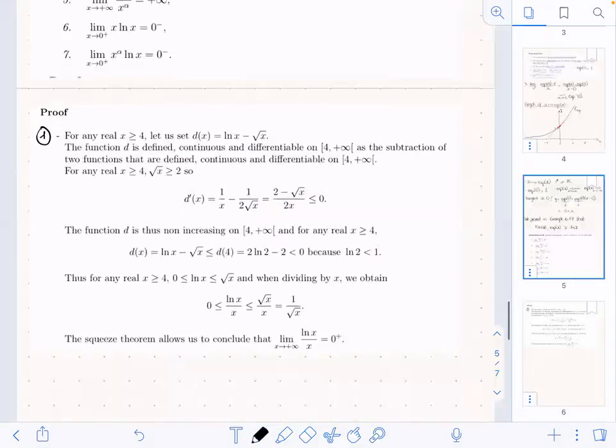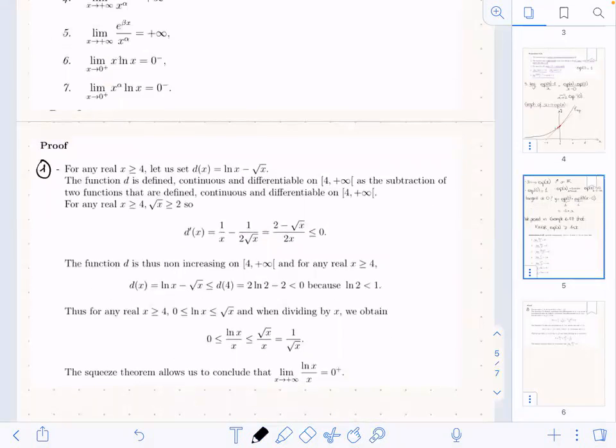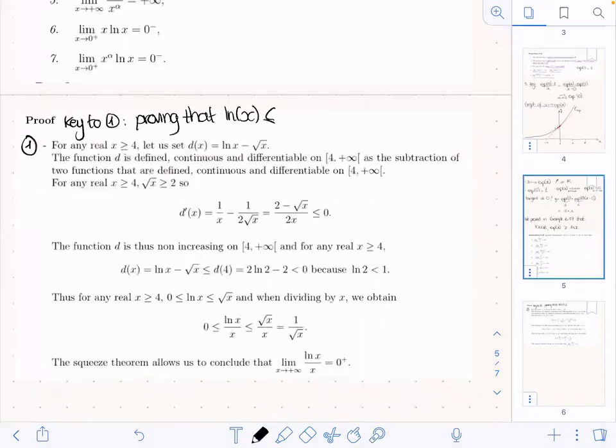Okay, and so the key to 1, maybe I can write it up here, is proving that ln of x is smaller than square root of x.